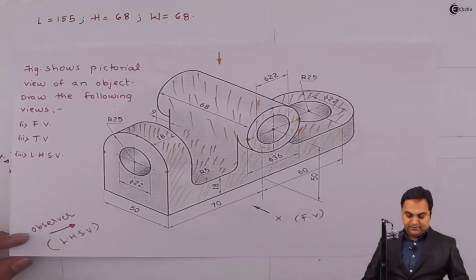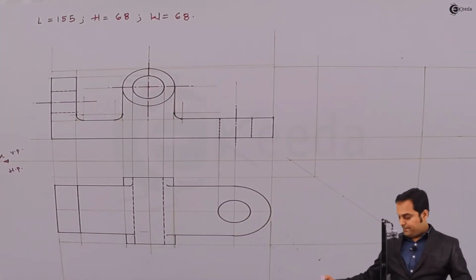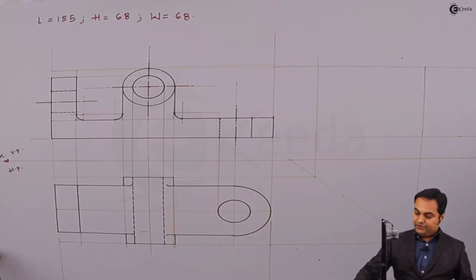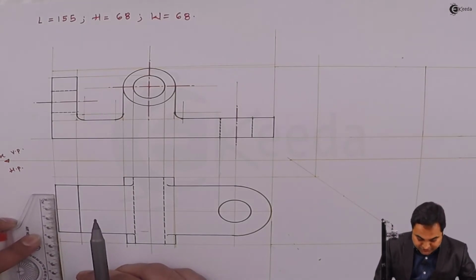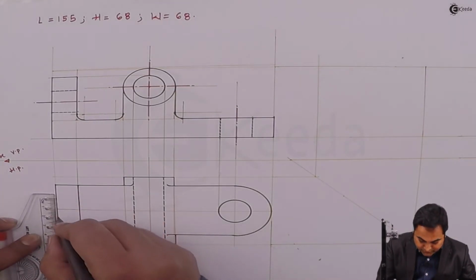Next, at the same time looking from top, there is another circle inside this plate here having diameter 22 mm. So from this center, I'm measuring 11 mm on one side, 11 mm on the other side.